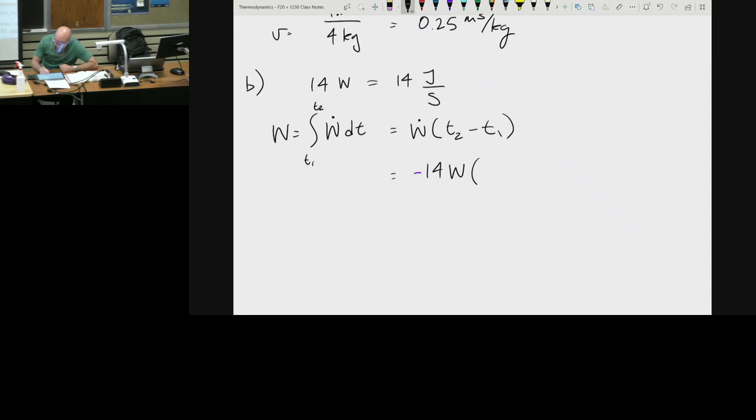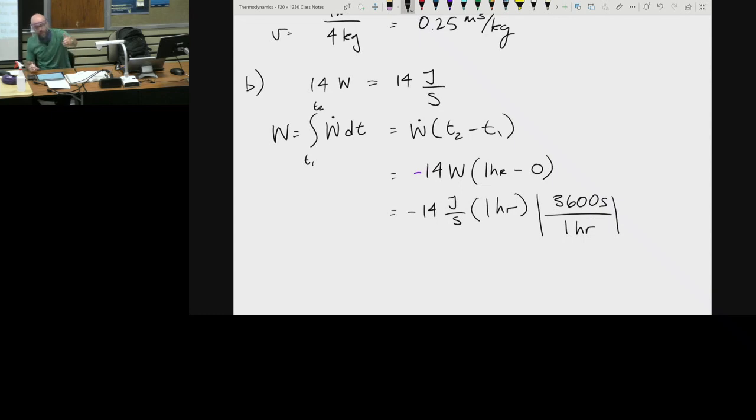And then our time 2 is going to be 1 hour, and our time 1 is 0 hours. Now we have to work with our units here. This is going to be negative 14 watt, which is a joule per second, times 1 hour. And we know that in 1 hour, there are 3,600 seconds. Or you can say in 1 hour there are 60 minutes, and in 1 minute there are 60 seconds.